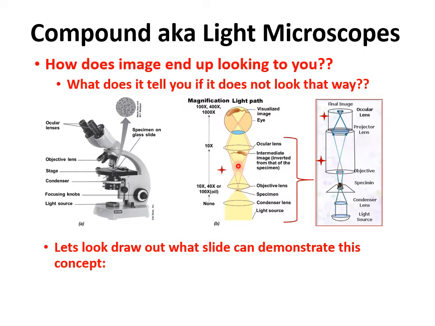When those light rays cross, what it ends up doing is it flips the image that you're seeing. So the image ends up upside down and reversed. Now, if you ever look through a microscope and an image is not upside down and reversed, that means that the light rays have crossed a second time to correct for that flipping.